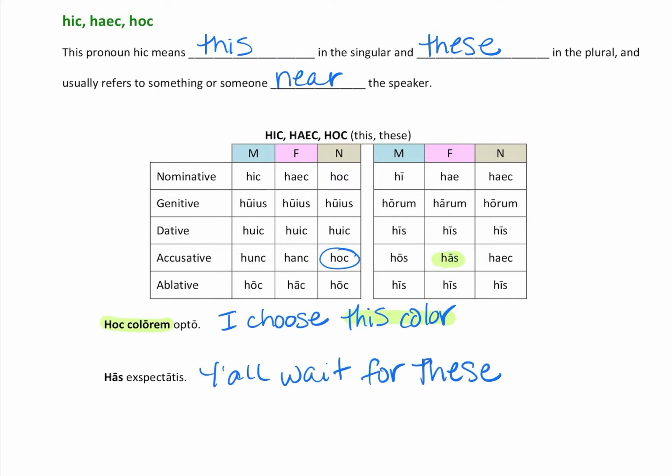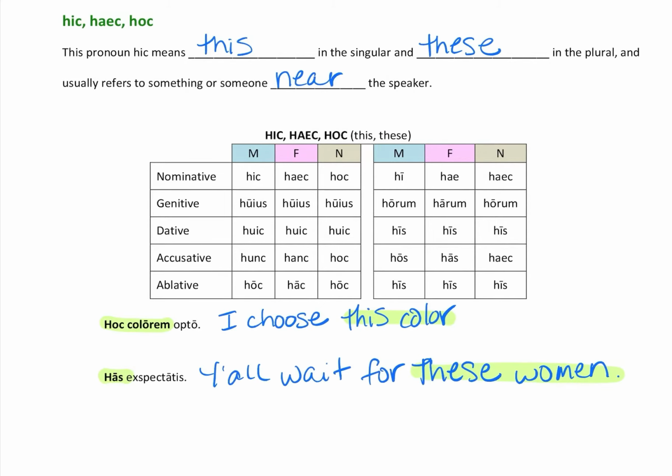Now, it makes more sense if we put, because we see it's feminine, these women. It can't be these things because it's feminine, and they always have gender. Y'all wait for these women, and again, has becomes these women. It's actually pretty simple once you break it down.